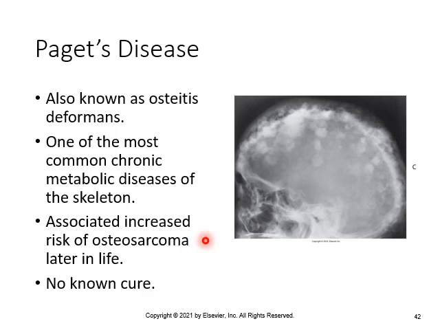So early on in diagnosing this, you might see an area that looks osteoporotic in the bone, often in the hip bones, the skull, or the femur. Over time, those cells then get really active and start building up the bone, but they don't do it in the typical pattern.